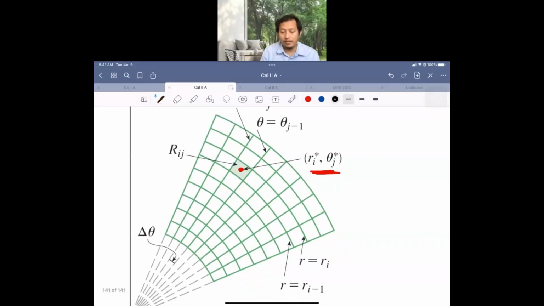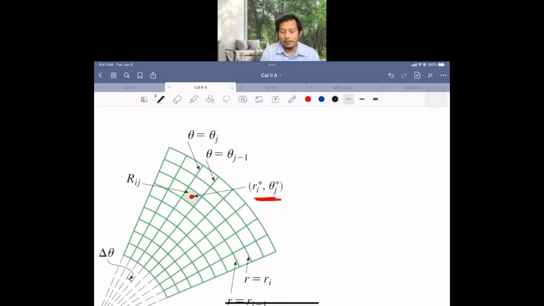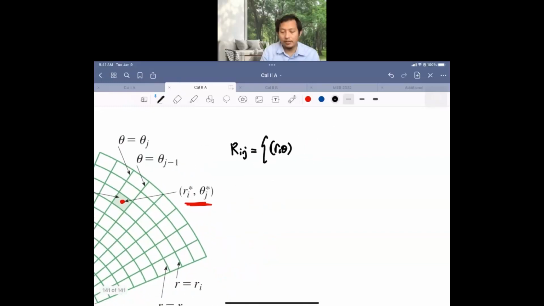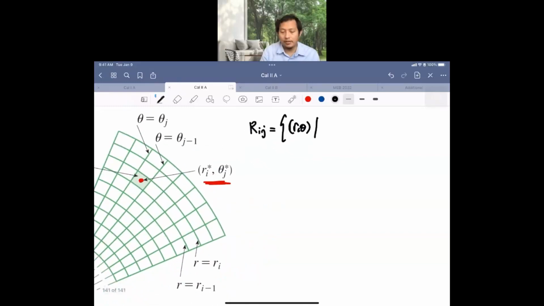Now, if we would like to write the region of ij, which is this small rectangle, we could write similarly: r theta, and we could write all the terms.